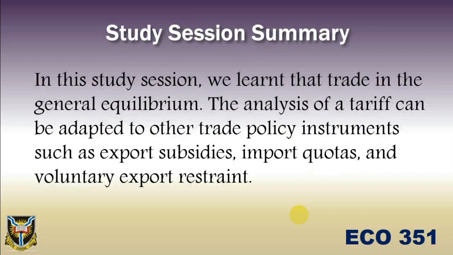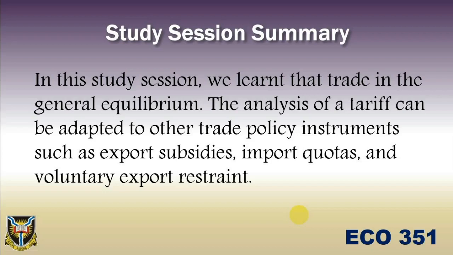Summary. In this study session, you learned that trade in the general equilibrium appeared to paint a false picture about the gains from trade. In the partial equilibrium, where we consider the presence of trade policy, it was discovered that a small country will lose when it imposes tariff on imports or gives subsidies to promote export.